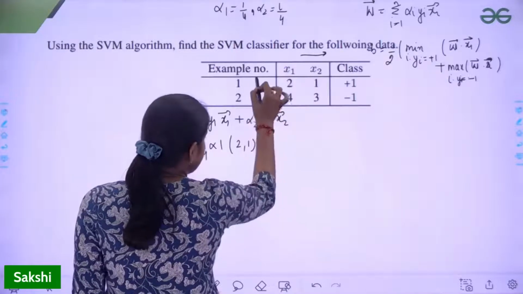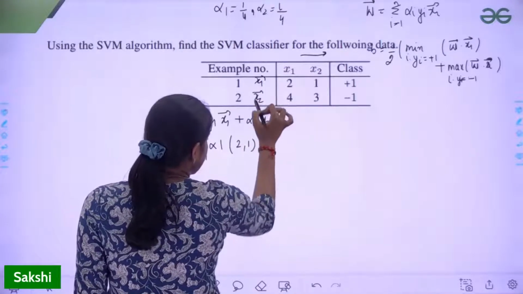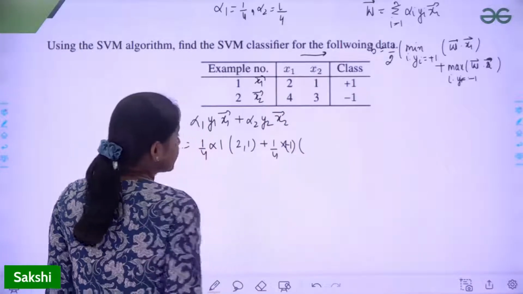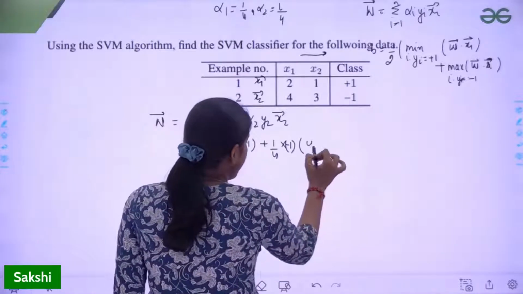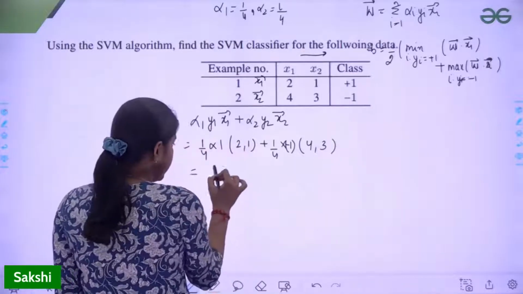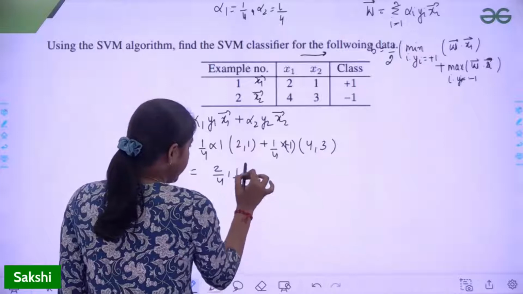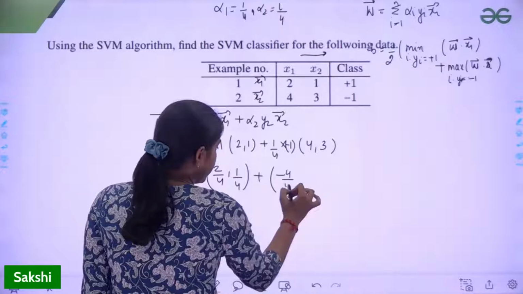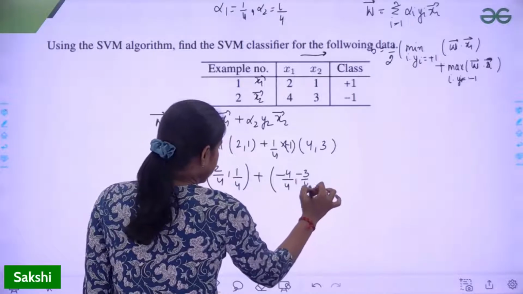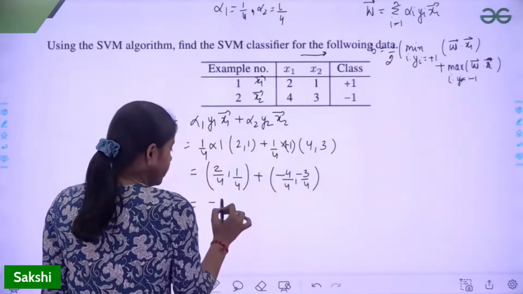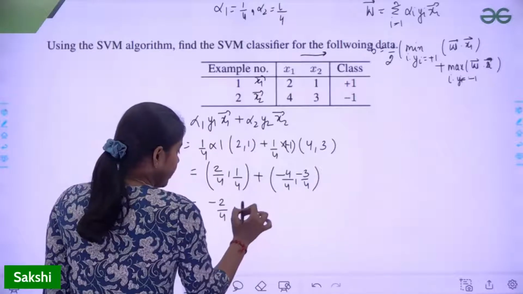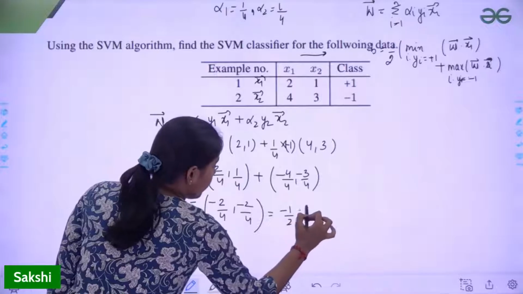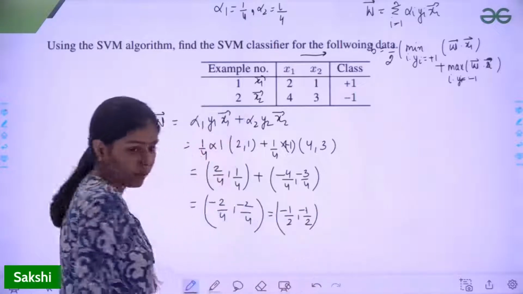And 1 by 4 into minus 1, because y2 is minus 1, and x2 vector is 4 comma 3. If I solve this, it becomes 2 by 4 comma 1 by 4 vector plus minus 4 by 4 comma minus 3 by 4 vector. Now 2 minus 4 is minus 2 by 4, and 1 minus 3 is minus 2 by 4. So we get minus 1 by 2 comma minus 1 by 2. That is my w vector.